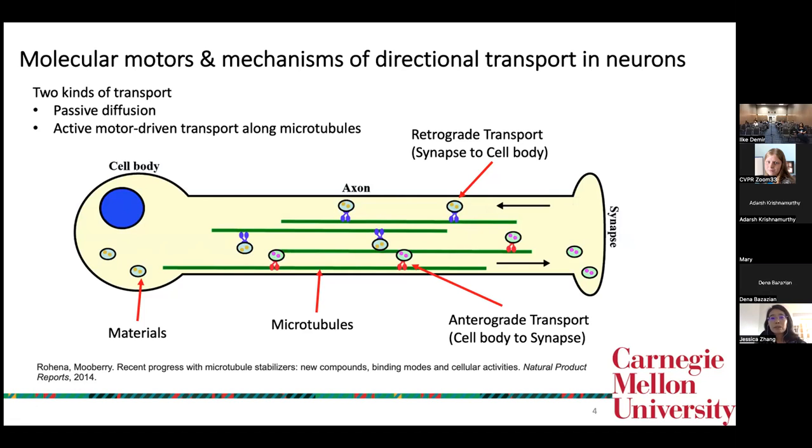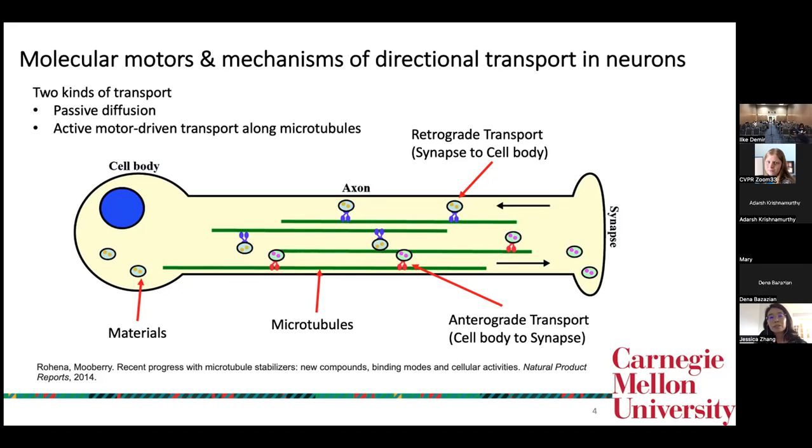Another type of transport is along the neuron axon. In the axon, you can see a lot of those green lines, called microtubules. The organelles can attach to those microtubules, and just like taking an escalator, they can move fast along the microtubule. That kind of transport is called active motor-driven transport along the microtubule.